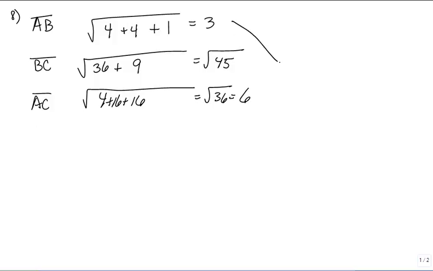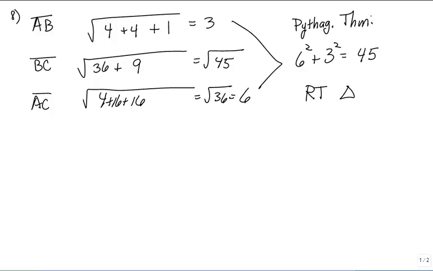So if I take these two sides and do 6 squared plus 3 squared, that's 45, which is this side squared. So it's a right triangle because it follows Pythagorean theorem. A squared plus b squared is c squared.